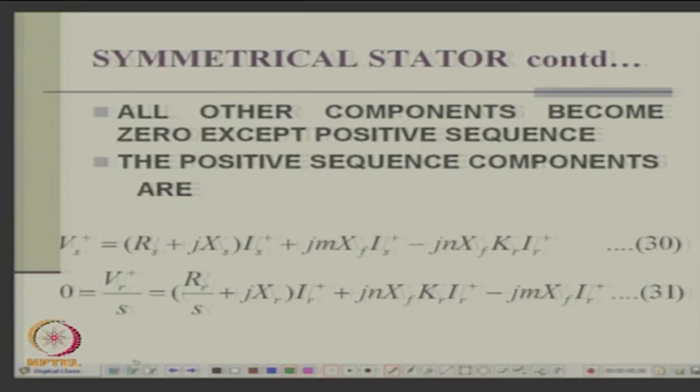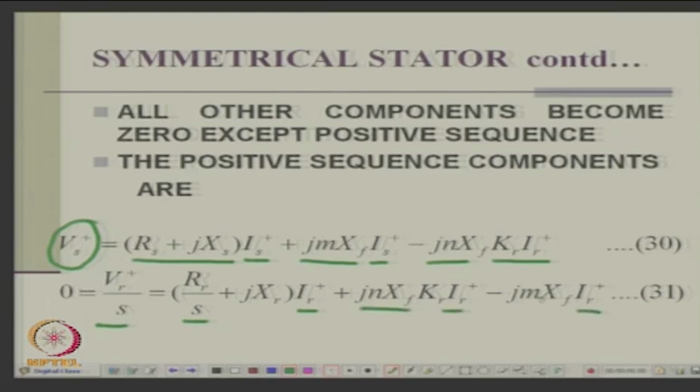All I do is, from the original equations of Vs and Vr, Vs for F and Vr for F minus, I apply symmetrical component, multiply by this, and I have Vs plus, that is the positive sequence voltage for stator, which will be Rs plus Jxs Is plus Jmxf Is plus minus Jnxf Kr Ir plus, and 0 is equal to Vr plus by S, Rr by S and Ir plus, then there is Ir plus.